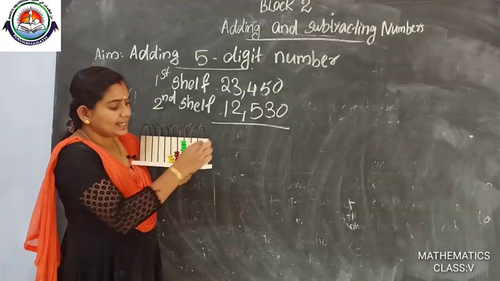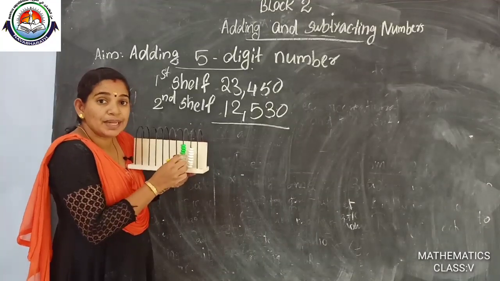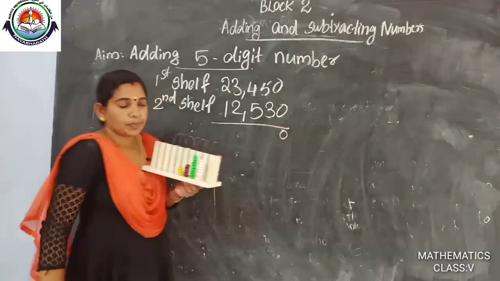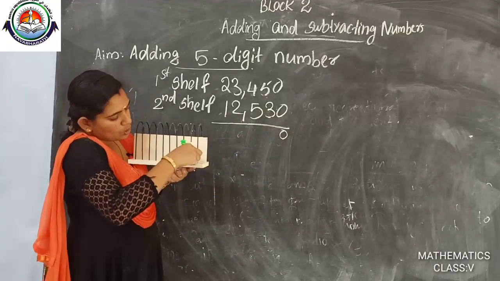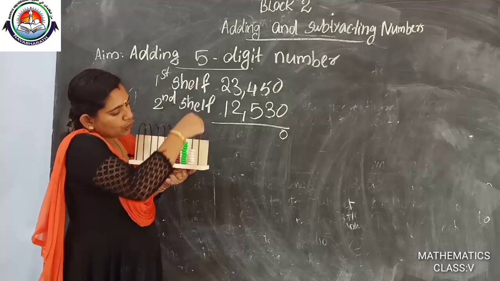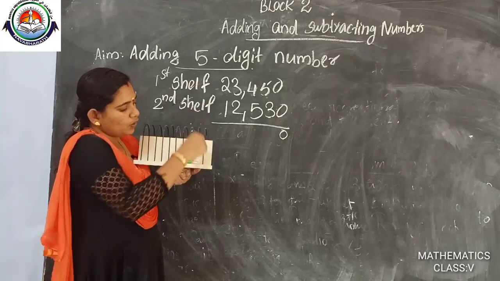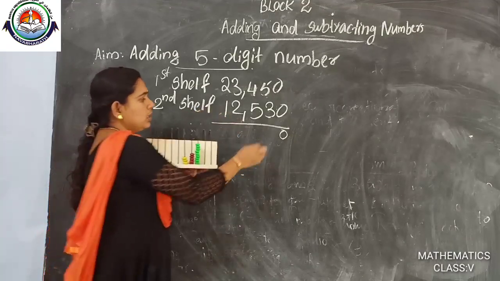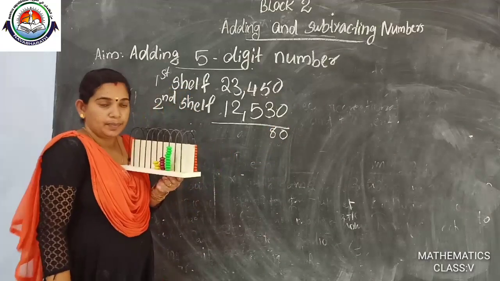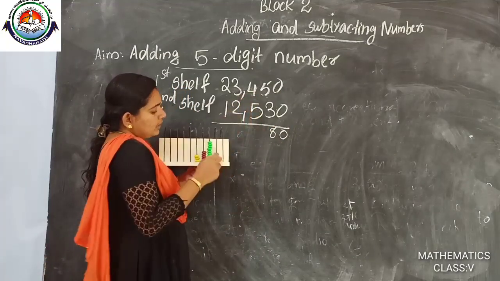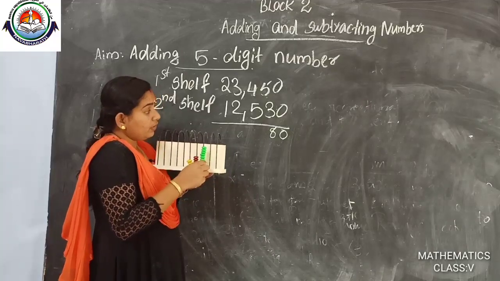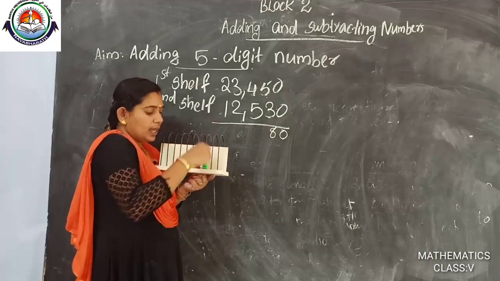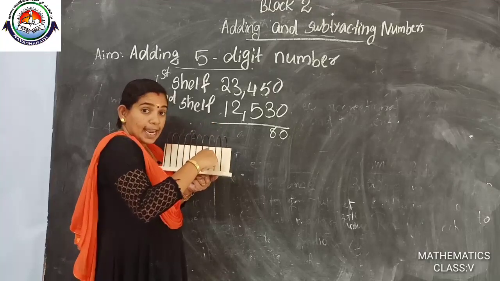Then we will count how many beads are there in each place. Here in the ones place there are no numbers, so we put 0. Tens place: 1, 2, 3, 4, 5, 6, 7, 8. How many beads? 8 beads are there. Then the hundreds place we will count: 1, 2, 3, 4, 5, 6, 7, 8, 9.